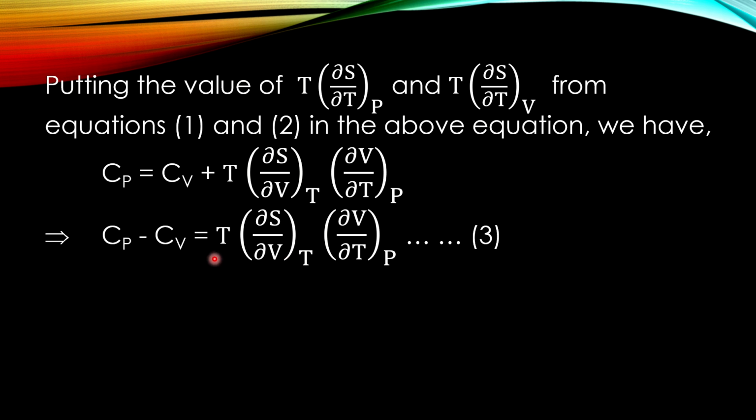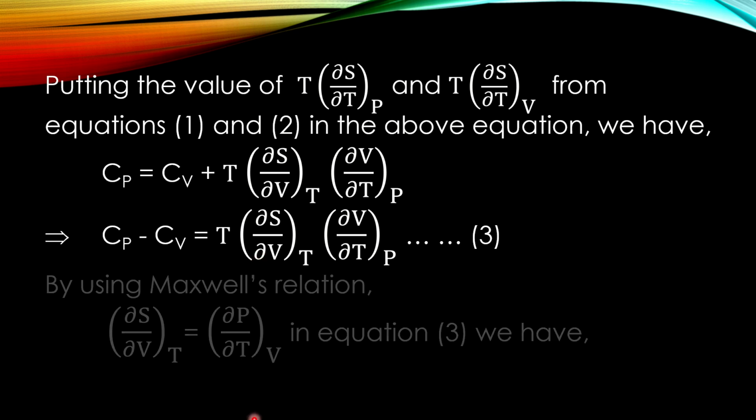Now here the state functions T, V and P are observable, but this part is not observable because this is entropy and this value is difficult to find out. So we have to express this in terms of P, V or T. This can be done with the help of Maxwell's relations.